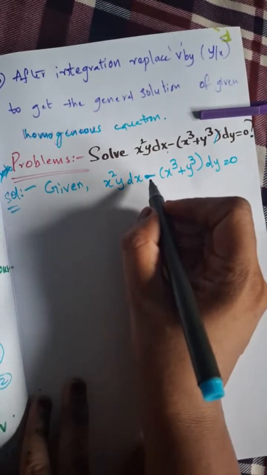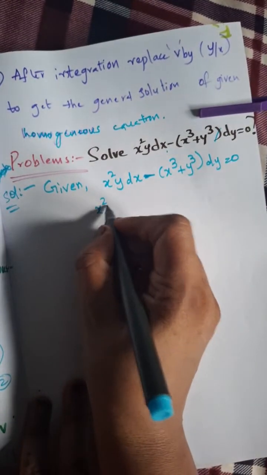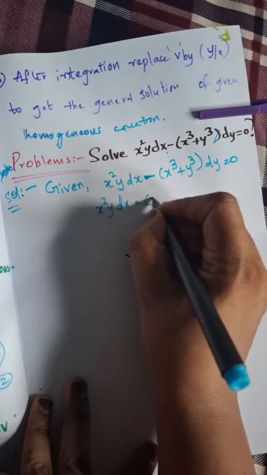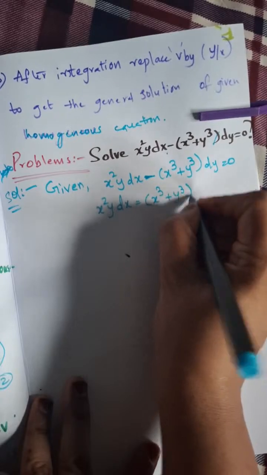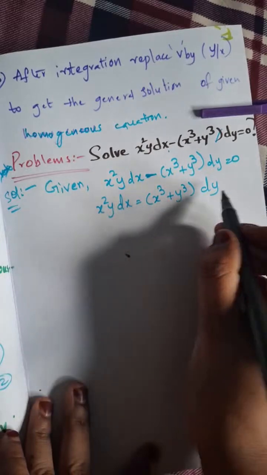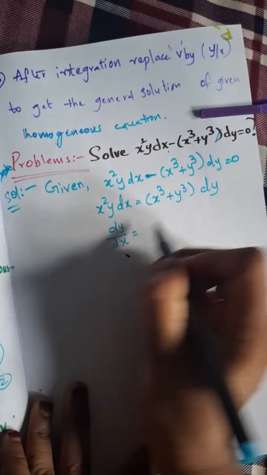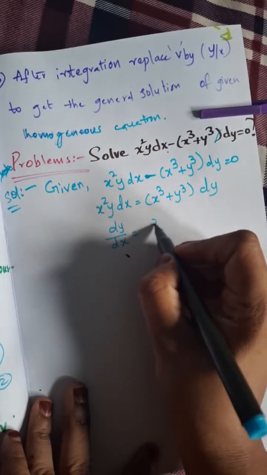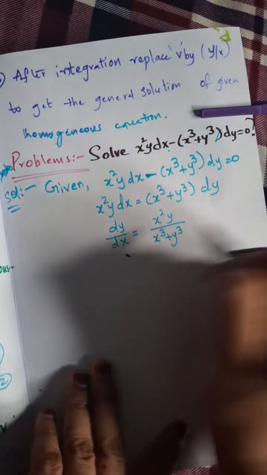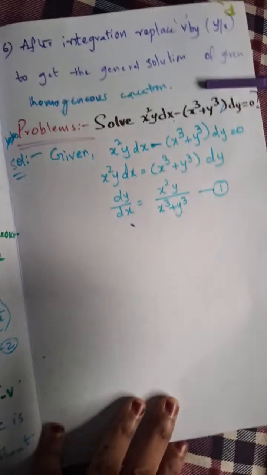So take this to the outside: x square y dx equal to, taking the minus outside, we get the positive term (x cube plus y cube) dy. Okay, like this we have the dx term here and the dy term here. Now dy by dx, what will we get? dy by dx equals x square y by (x cube plus y cube). Okay, this is dy by dx, and I am taking this as equation 1.